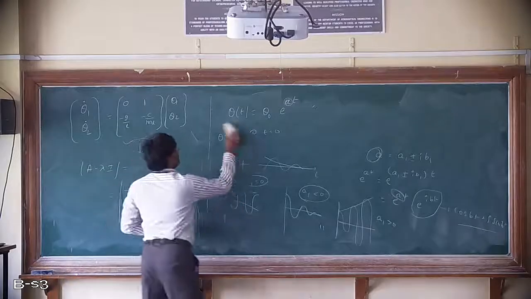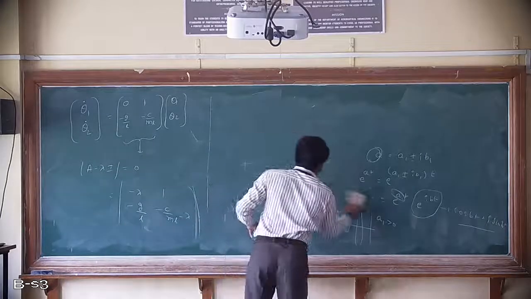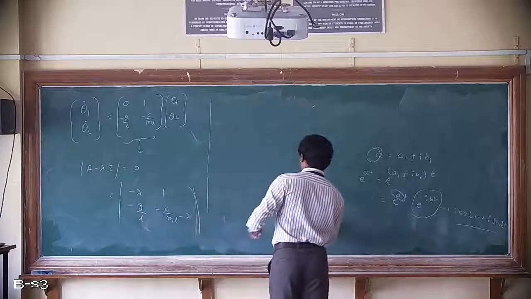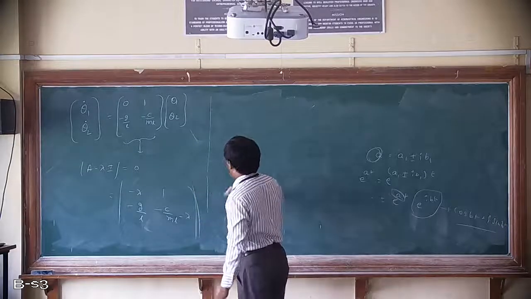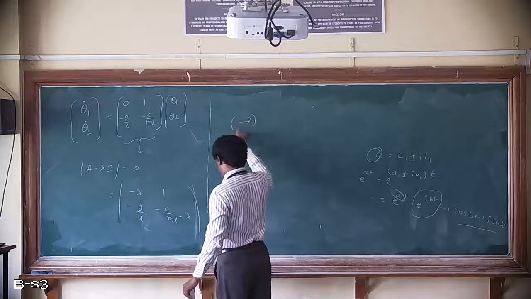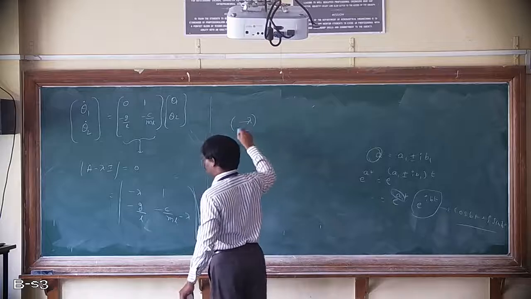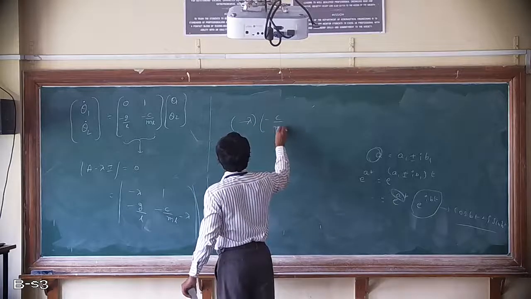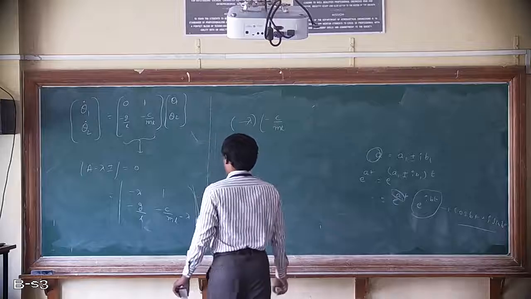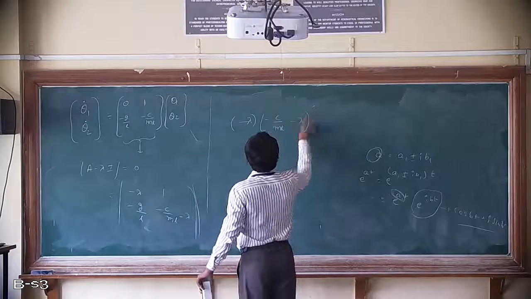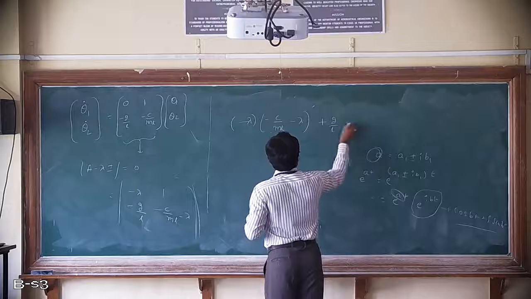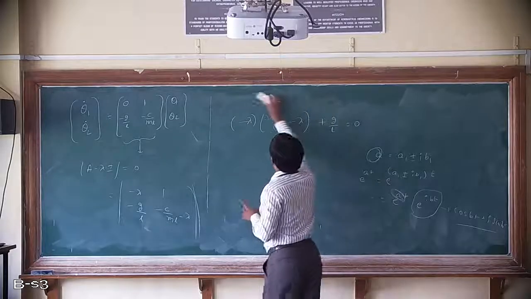So, if you solve that equation, you will get minus lambda into minus c by ml, minus lambda plus g by L is equal to 0, right?